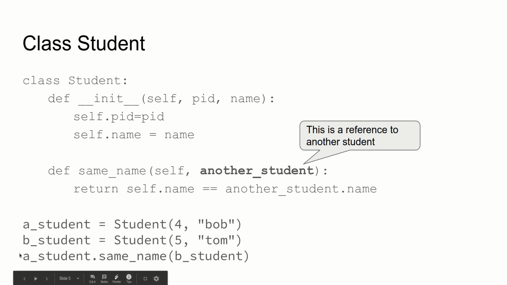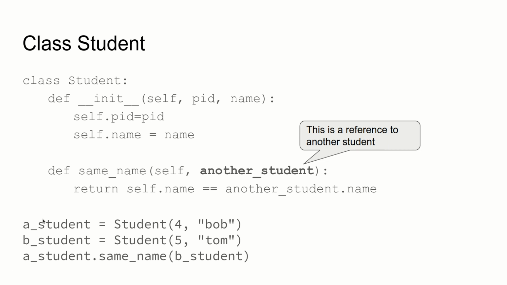So if I call something like a student dot same name, a student is self, and whatever student is provided in the parameters there is another student. It's the other parameter value. So here we're asking, is self.name equal to another student.name?